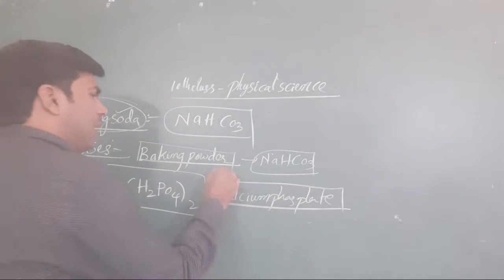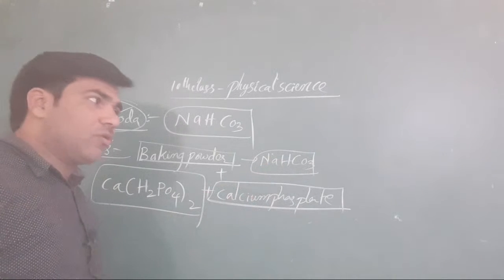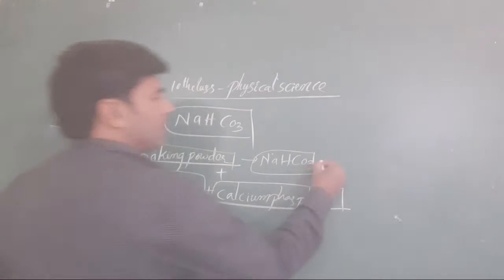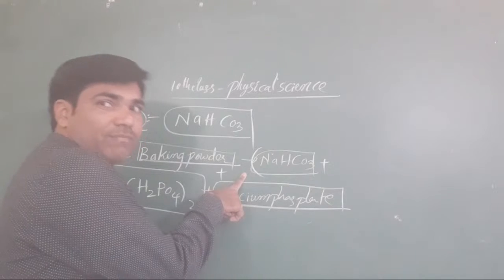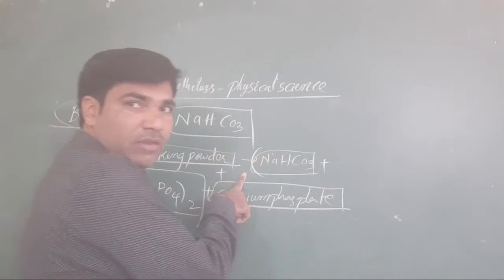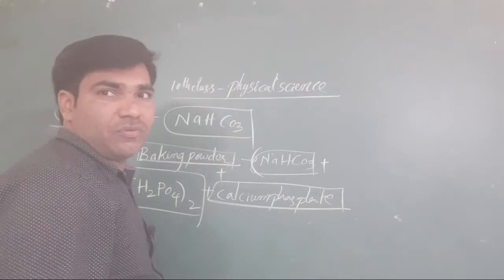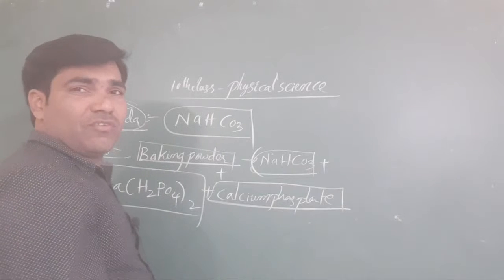This calcium phosphate is also contained along with sodium hydrogen carbonate, and somewhat CO2 also. Baking powder is very important here. Many students may go into a wrong perception, because the topic is baking soda, so they think baking powder and baking soda are the same. That is not correct.